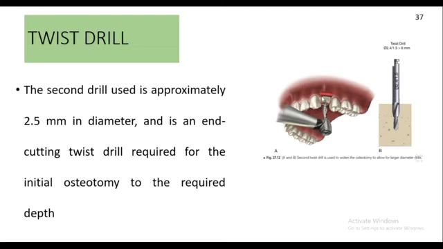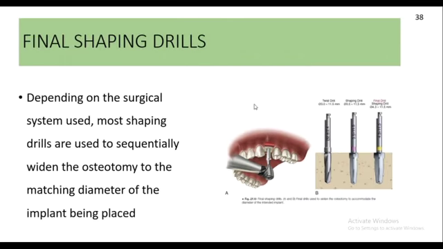The subsequent drill is called the twist drill, approximately 2.5 mm in diameter, and it's an end cutting drill required for the initial osteotomy. Then come the final shaping drills, which depend upon the surgical system, and these are used to sequentially widen the osteotomy.